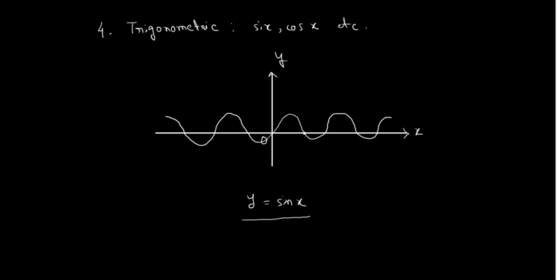This is x equal to pi, 2 pi, and so on, and in the negative part x equal to minus pi, minus 2 pi, and so on.